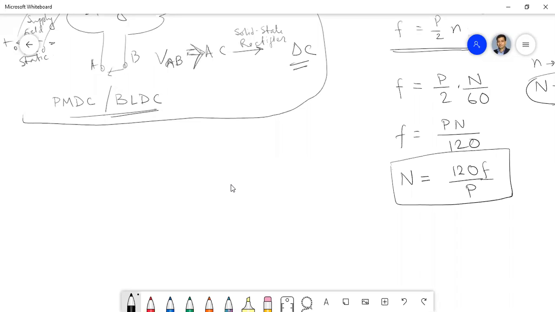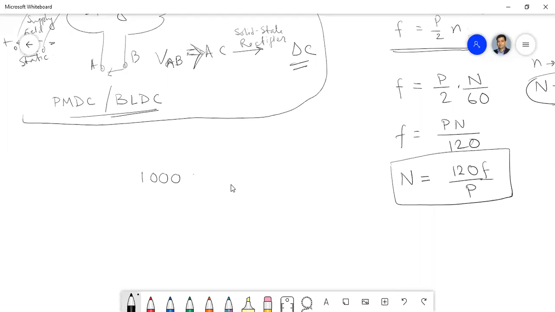So that means the armature of a DC machine experiences a reversal of magnetic flux, isn't it? And can you tell me what is the frequency of that reversal? Suppose the DC machine is rotating at a speed of 1000 rpm.